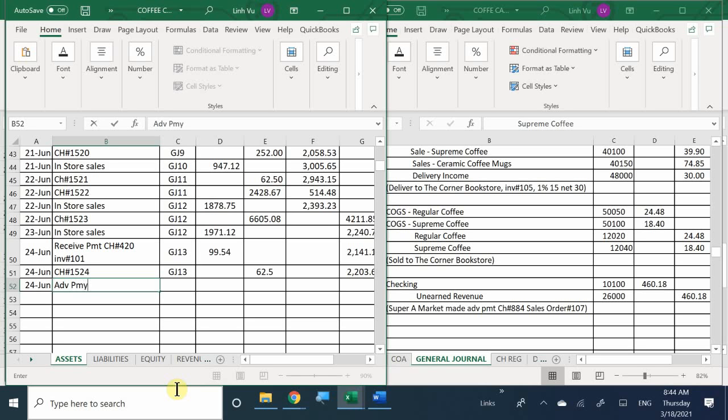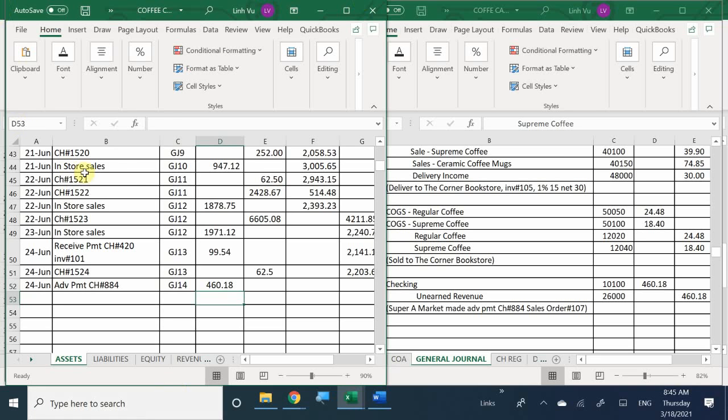Advance payment, check number 884. No, not that one. General Journal 14. And we increased by 460.18.